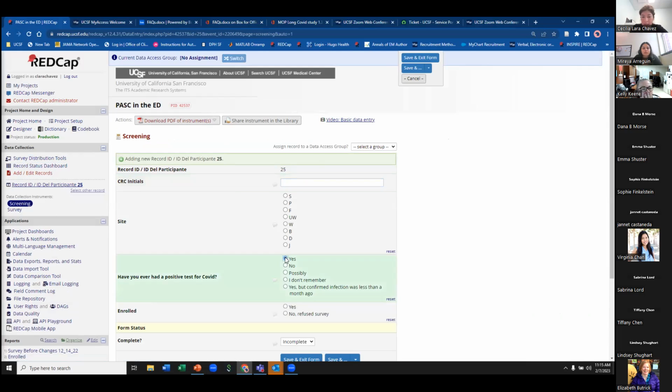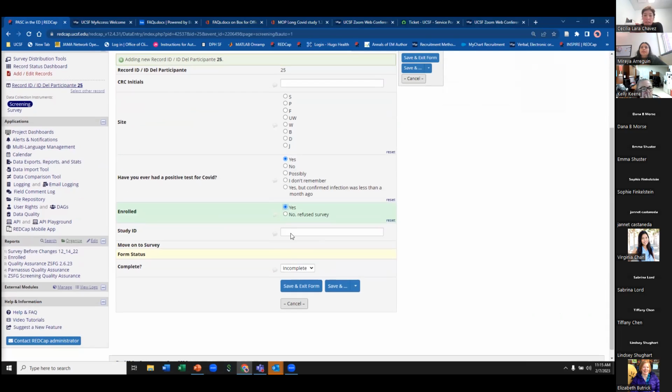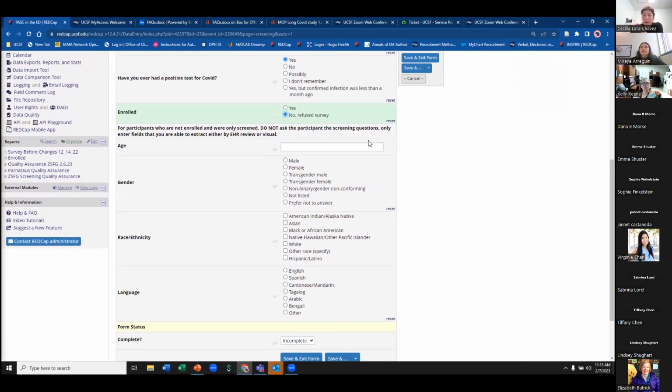And if they say yes, obviously you're gonna ask them if they want to participate in the study. If they say yes, you're gonna put in their ID number. If they say no, you're gonna write down their demographics. If you can visually see it, you don't ask the patient these questions. It's just a visual screening.